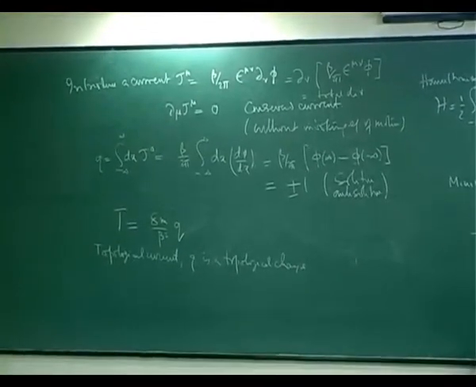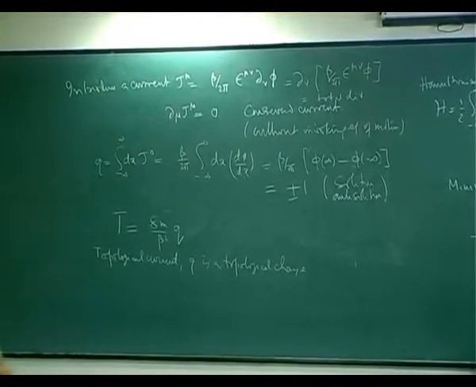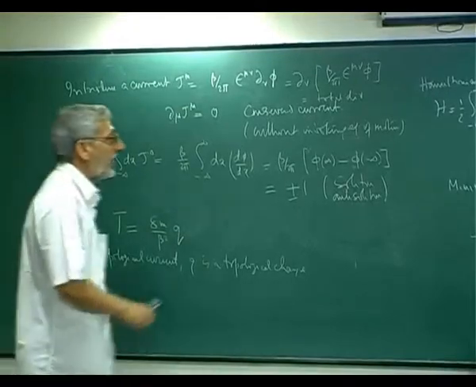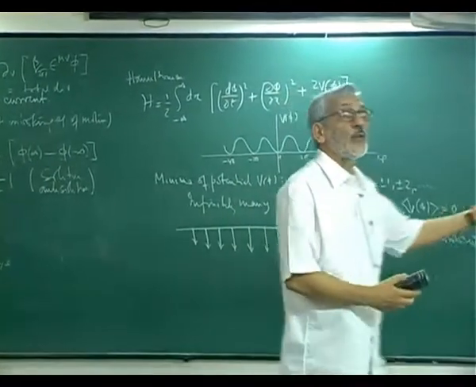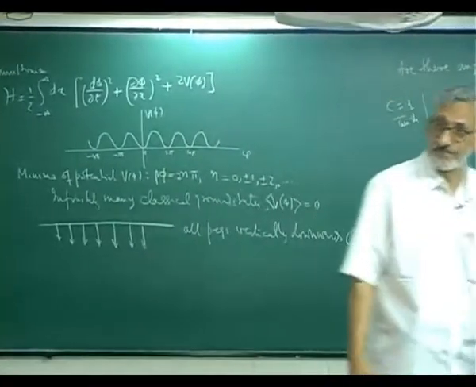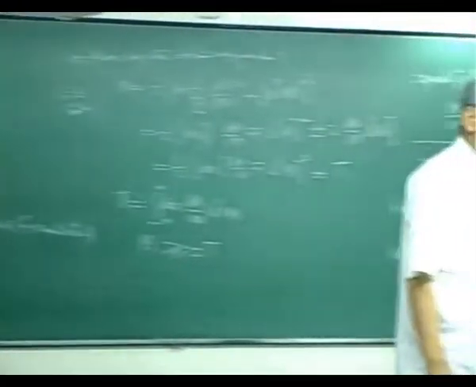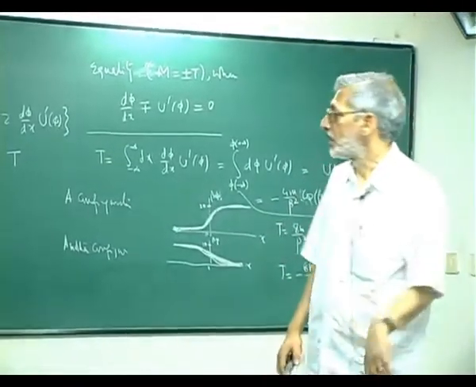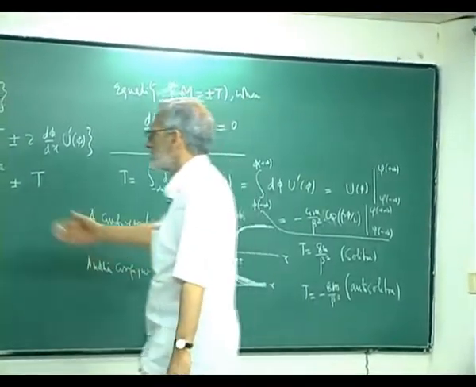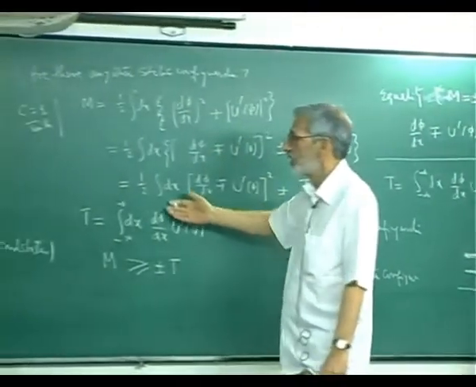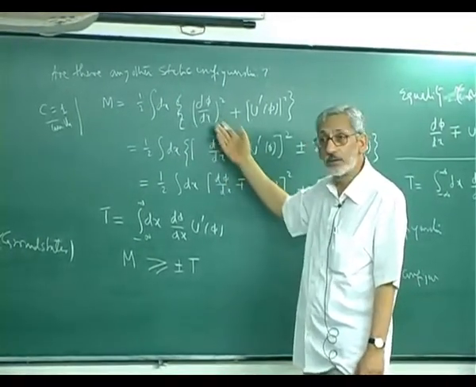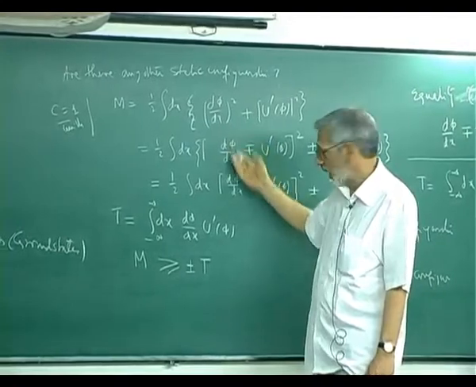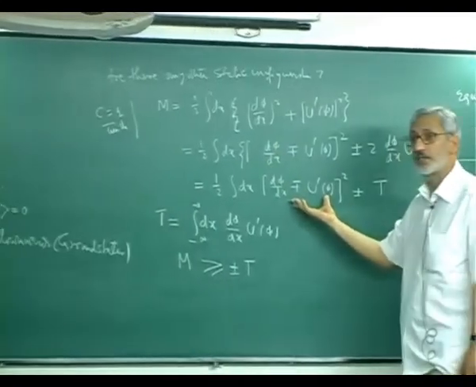Now let's try to work out what is a configuration of this type, these two types, which solves the equations of motion. Solves the equation of motion means which gives you a minimum of the Hamiltonian, and this is a positive quantity.